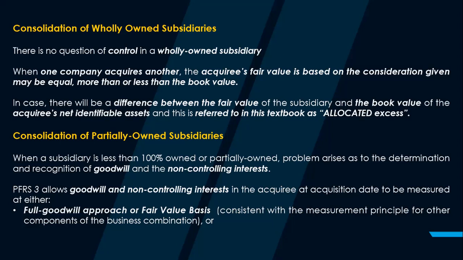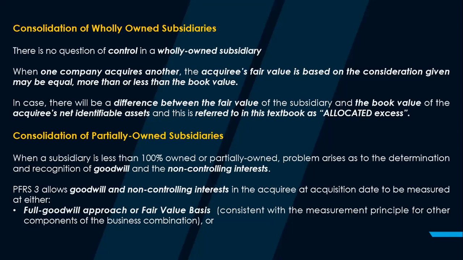Consolidation of partially owned subsidiaries. When a subsidiary is less than 100% owned, or partially owned, a problem arises as to the determination and recognition of goodwill and the non-controlling interest.